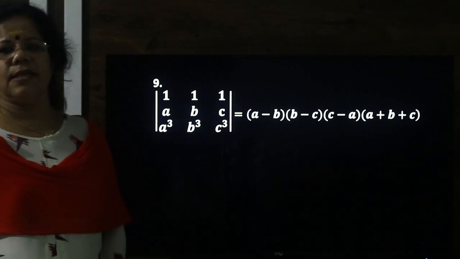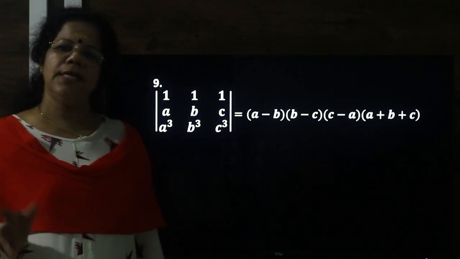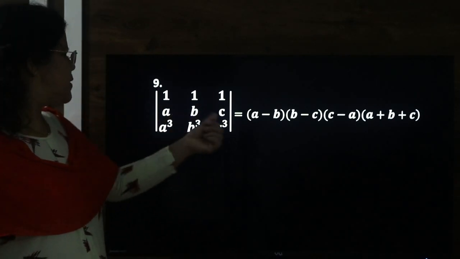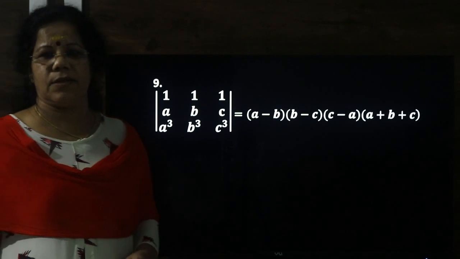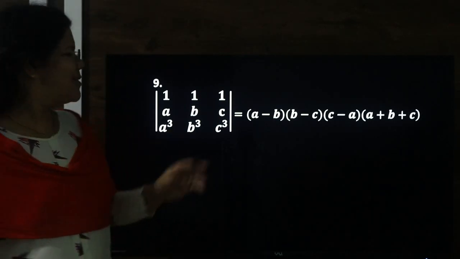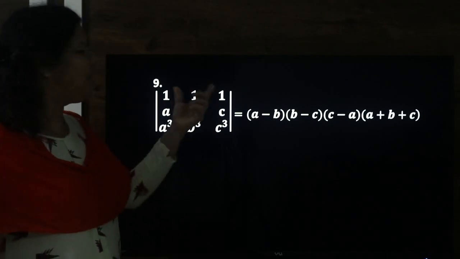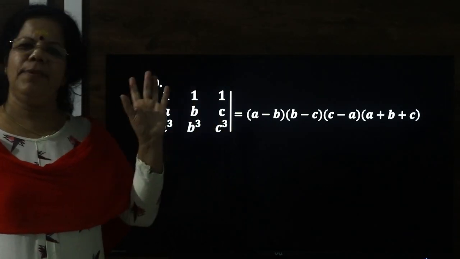Now see that the answer is a minus b into b minus c into c minus a into a plus b plus c. Definitely here also it is just symmetrical. No? a, b, c, a cube, b cube, c cube, some symmetry is there in the question. And be happy seeing this 1, 1, 1. Right? So that any 2, 1 we can make 0. Our work will be easy.